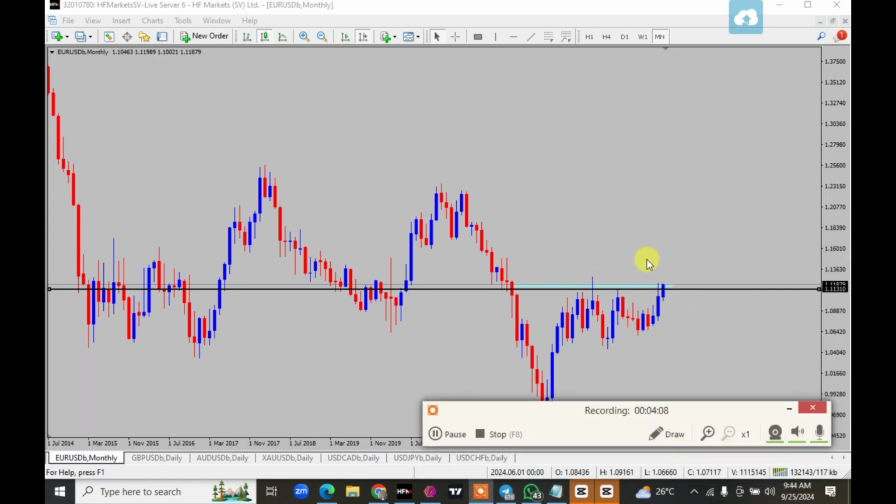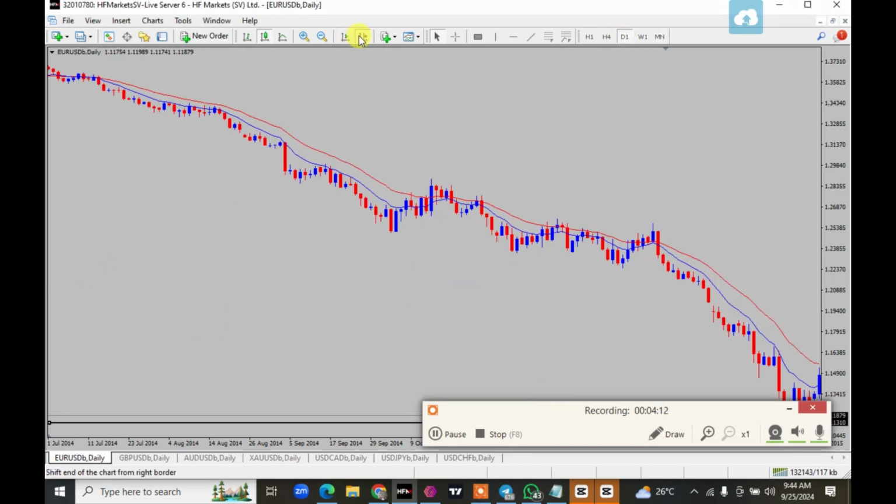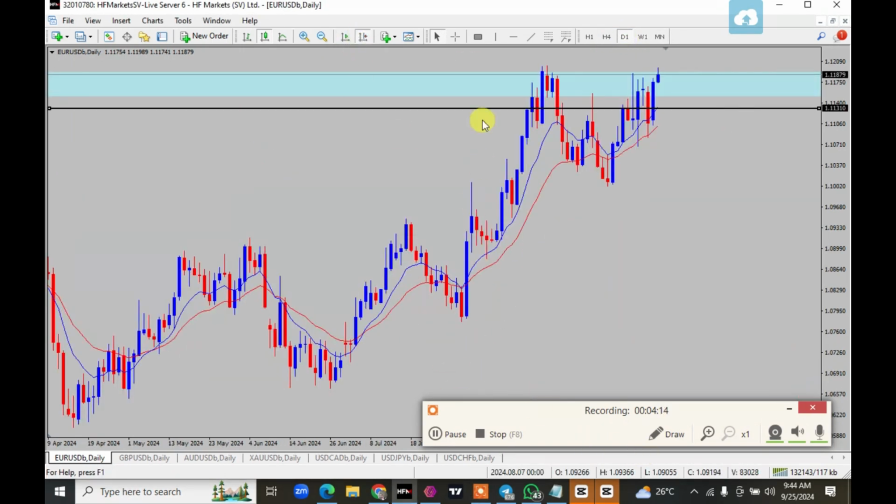I'll be staying out of Euro USD for now until I get a clear direction, because on my daily chart, based on the trend line I drew previously, we can only look out for a sell opportunity if price breaks below this trend line. So for now, let us stay cautious and wait for price to break above this particular level and also this trend line.